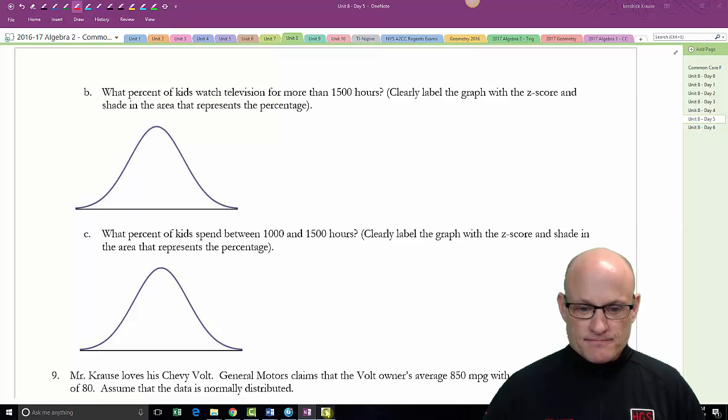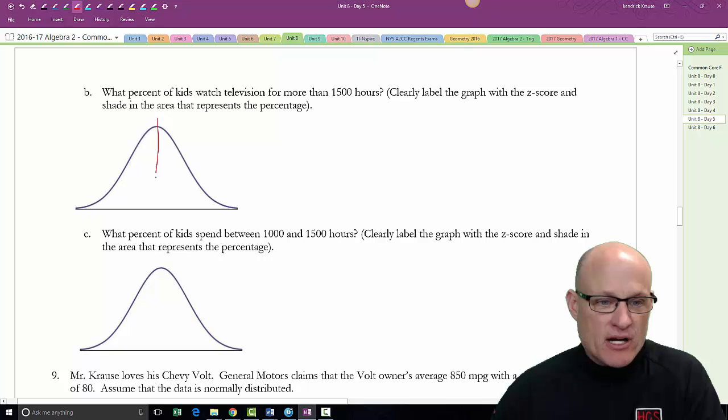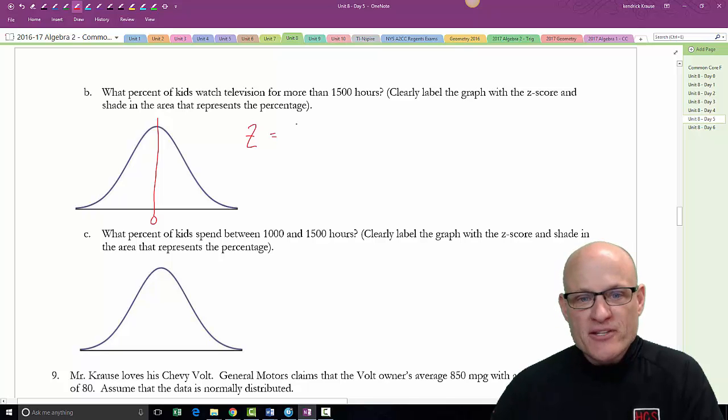All right. So again, what we want to do is label our diagram, and we want to figure out what's going on here. So this is going to be 0, z-score of 0. We got to convert to a z-score. Same work, but this time our measured value is 1,500.